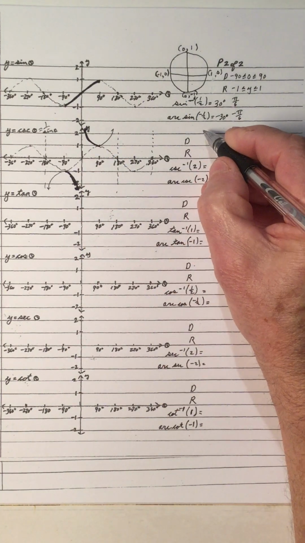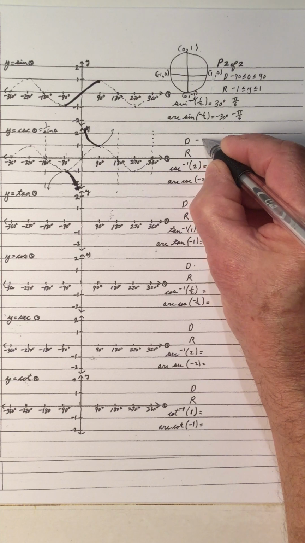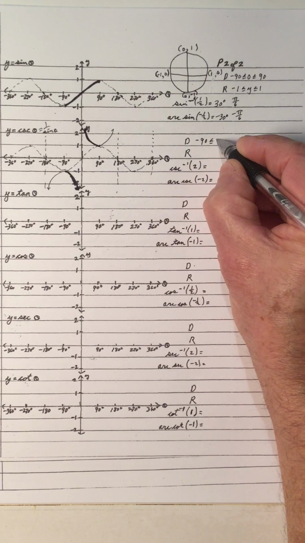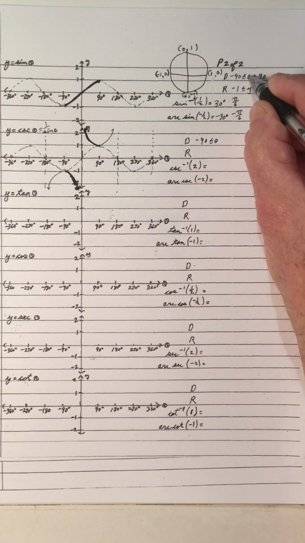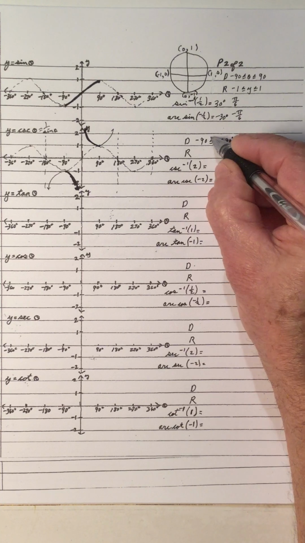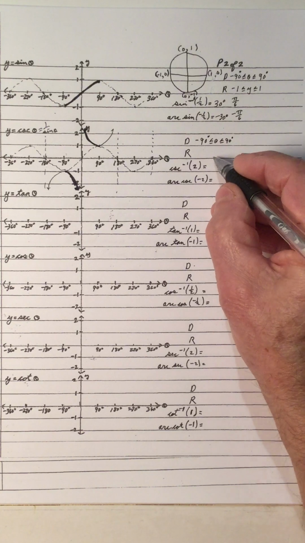And what we've done is that the domain is the same. The domain is negative 90 less than or equal to theta, less than or equal to 90, and they're degrees. Just make sure they're degrees, not numbers.